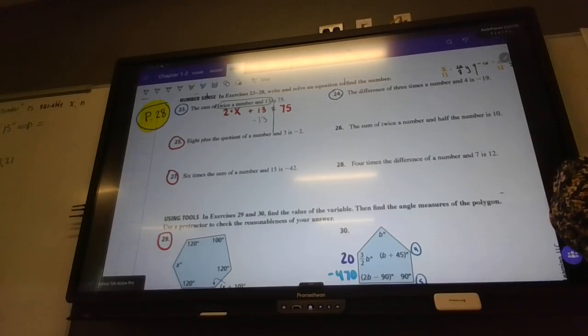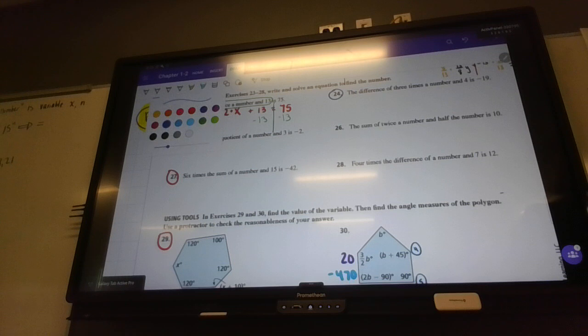That's right. Yeah, so the 13s are gone. 13 minus 13 cancels. And we have 2x equals 62.